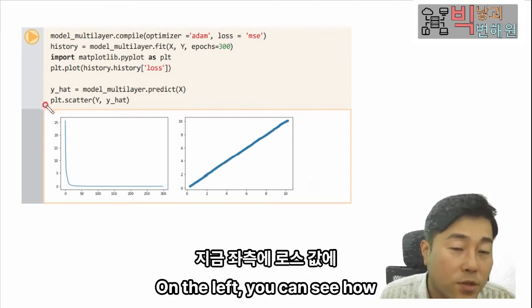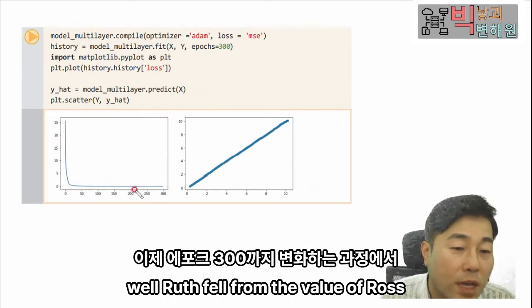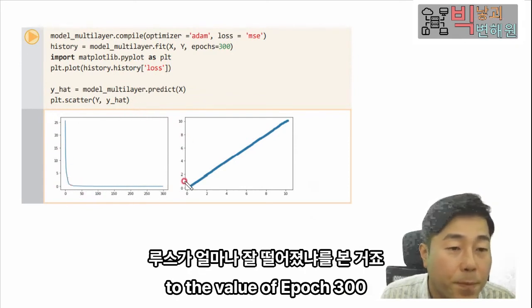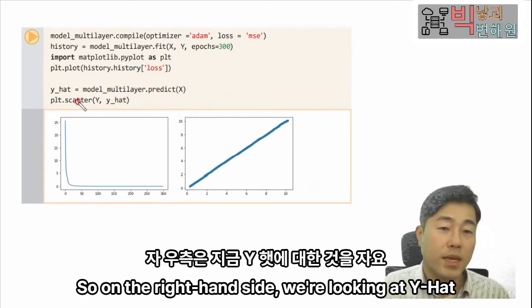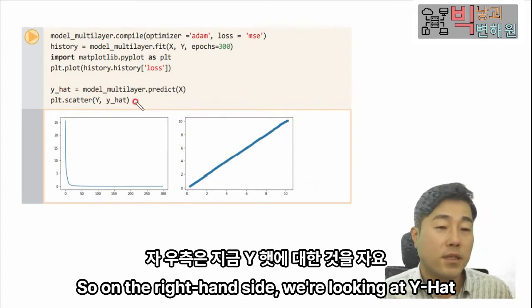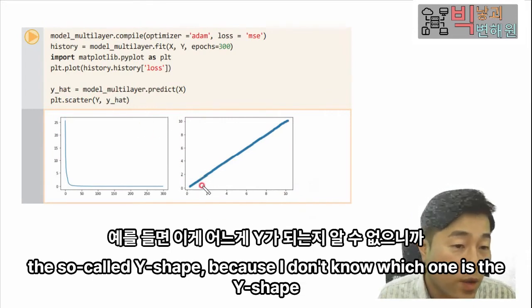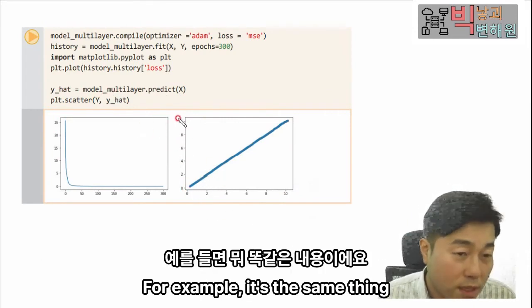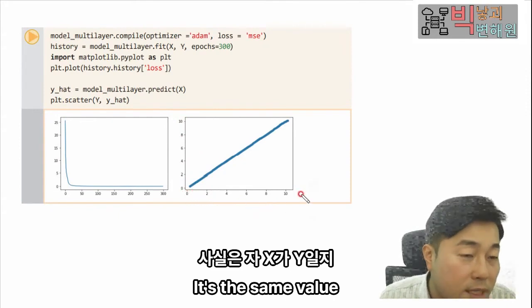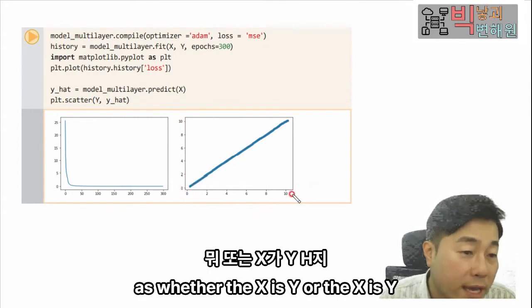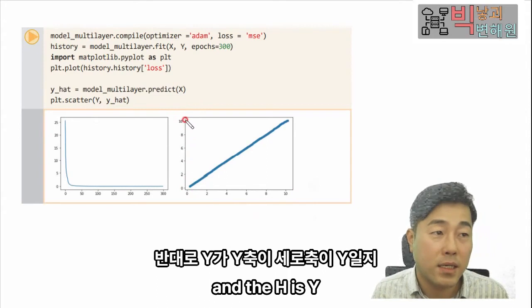On the left, you can see how well the loss fell from the initial value to the value at epoch 300. On the right-hand side, we're looking at Y hat. I want you to show me in the scatter plot right now the so-called Y shape, because I don't know which one is the Y shape. It's the same value as whether the X is Y or the X is Y.